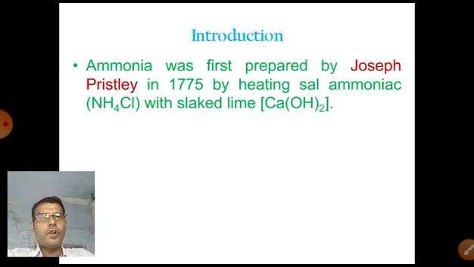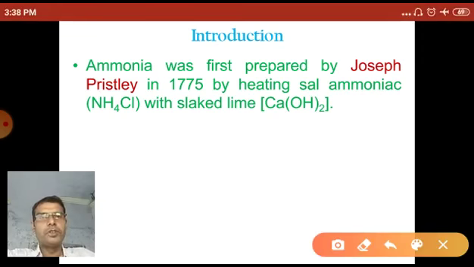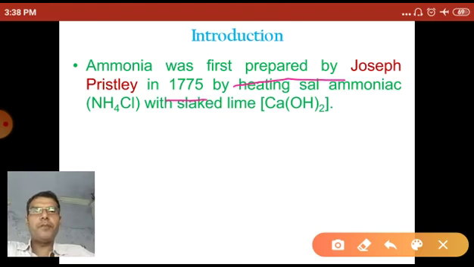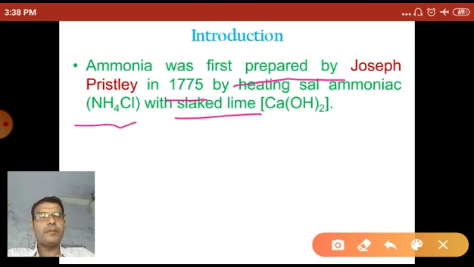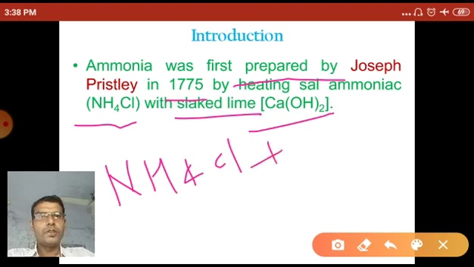Now the history of the discovery of ammonia. Ammonia was first prepared by Joseph Priestley in 1775 by heating sal ammoniac, that means ammonium chloride, with slaked lime, calcium hydroxide.